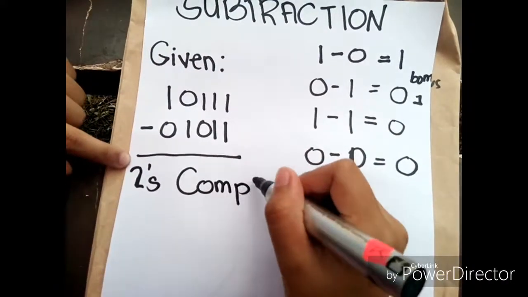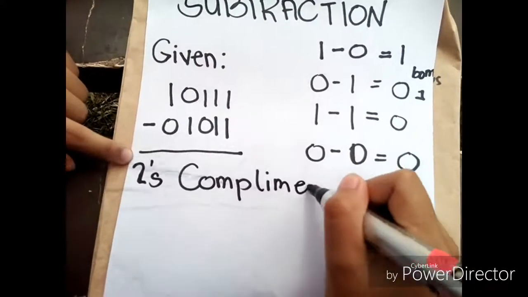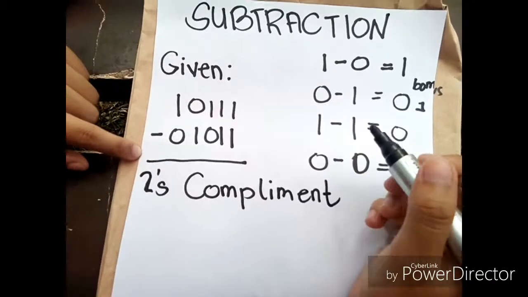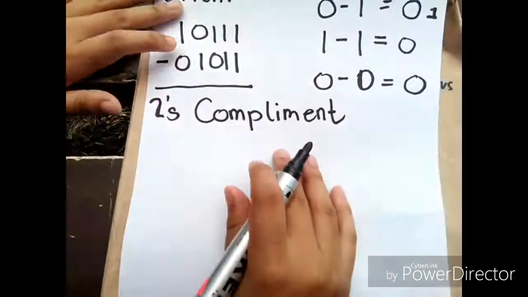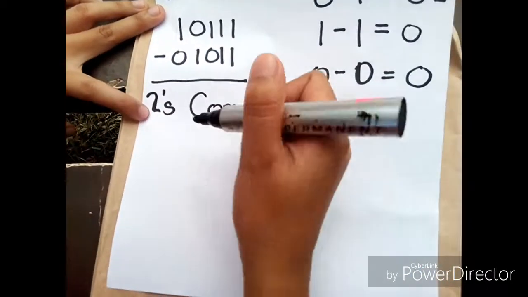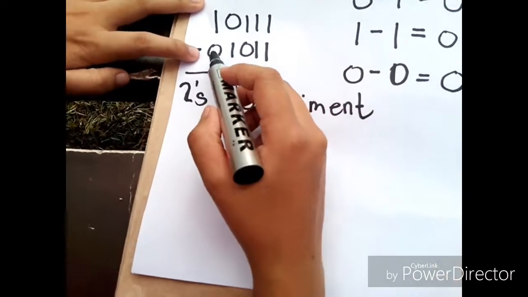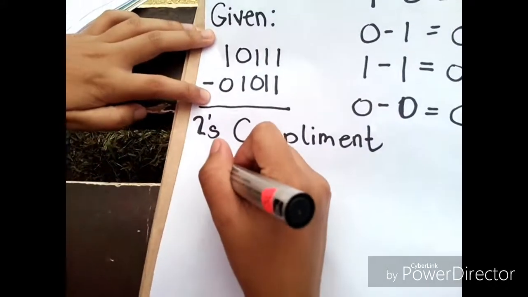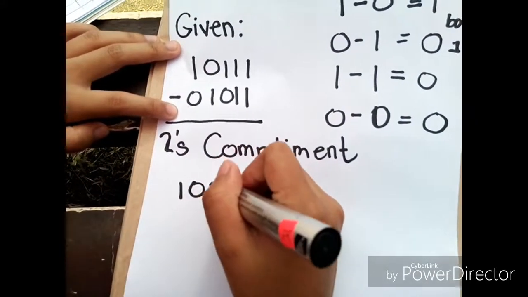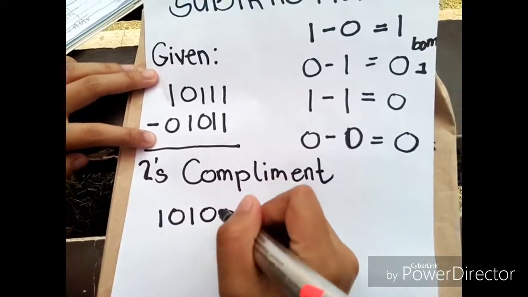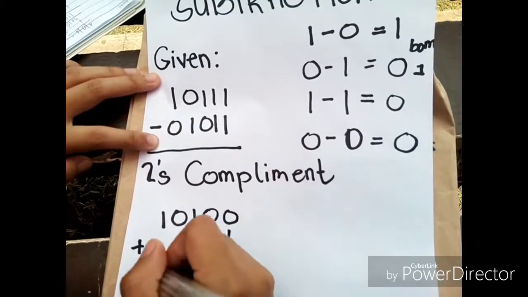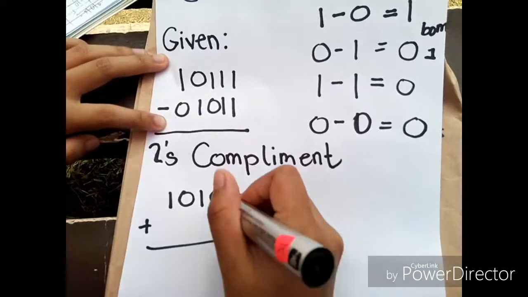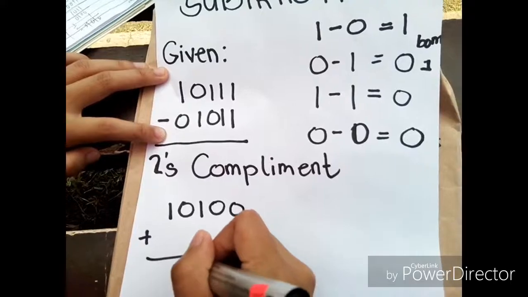So we use the second complement as I said earlier. So we change 0 into 1, in the denominator only. Okay. So instead of 0, we use 1, 0, 1, 0, 0, plus 1. That is the standard of second complement. 0, 1, 0, 1.